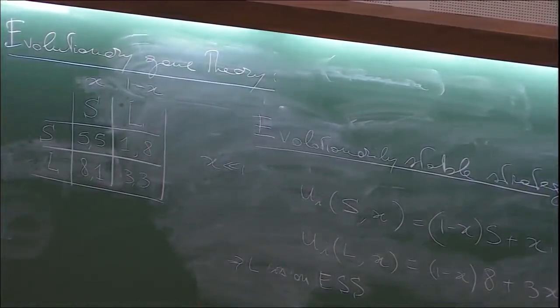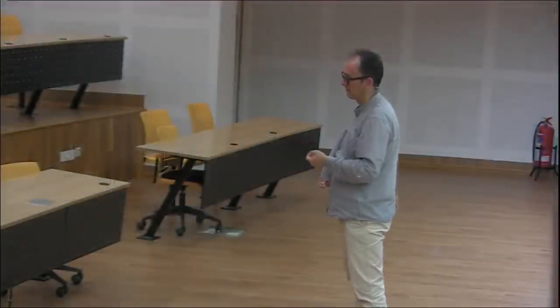Indeed, what you can show is that if a strategy is an evolutionarily stable strategy, then the state where the strategy is playing against the same strategy is a Nash equilibrium, okay?